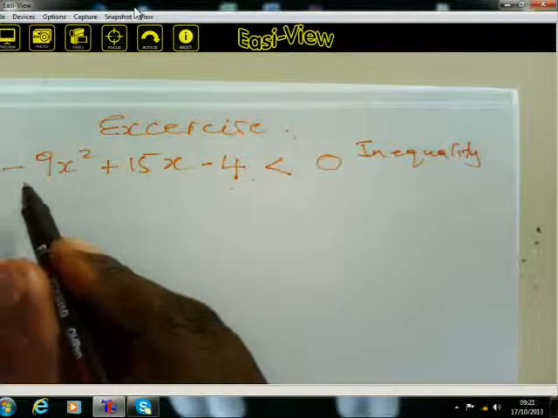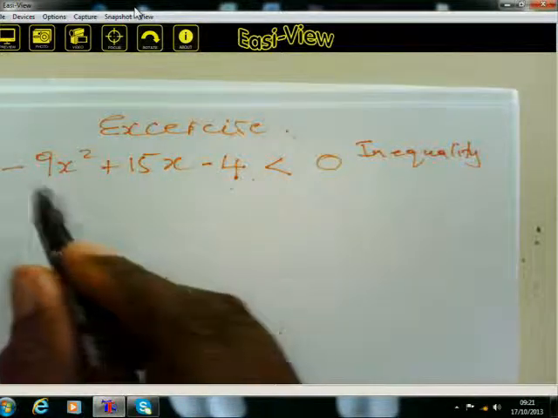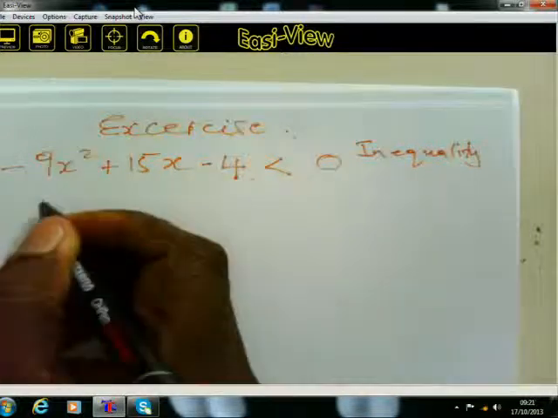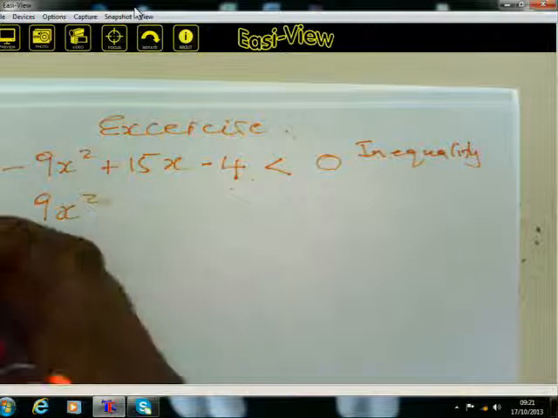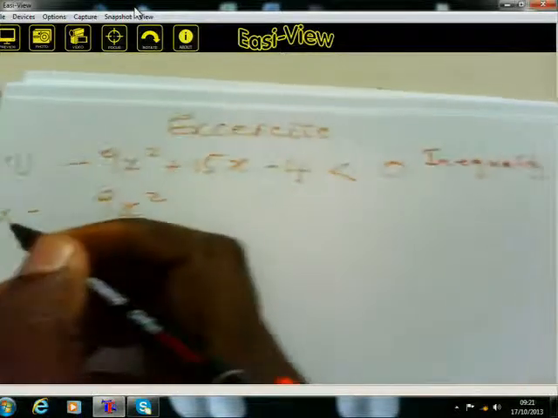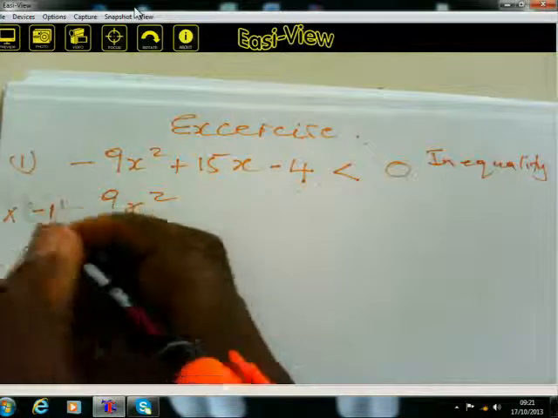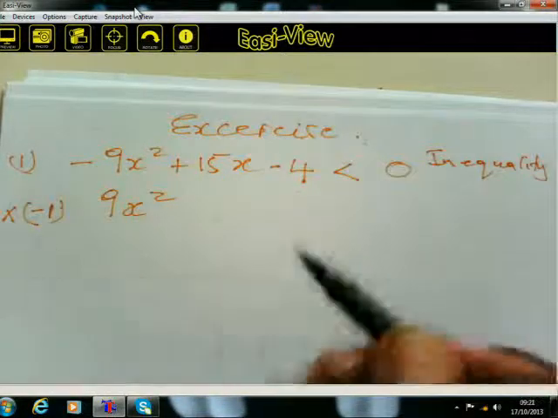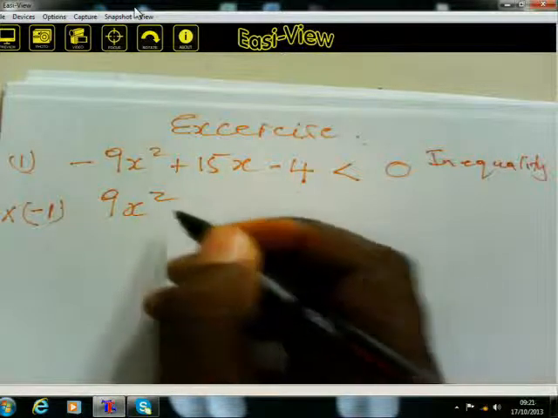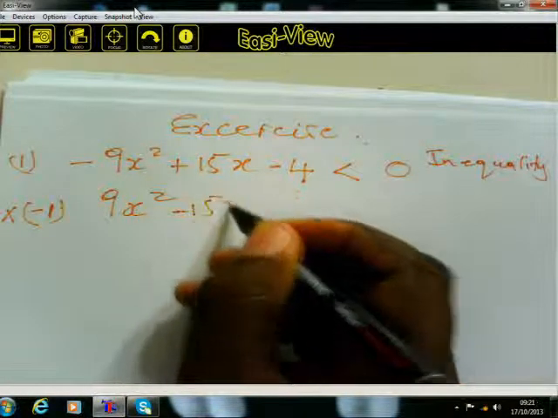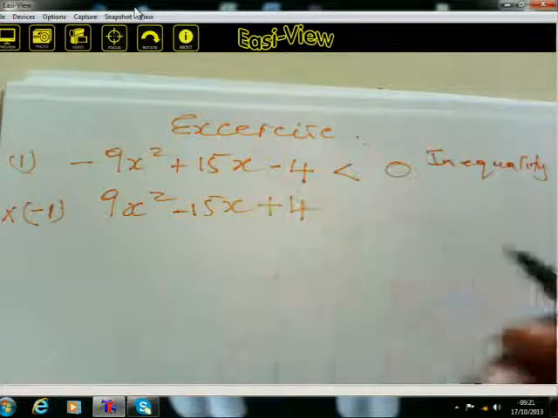When I multiply each and every term by negative 1, this becomes 9x squared minus 15x plus 4.